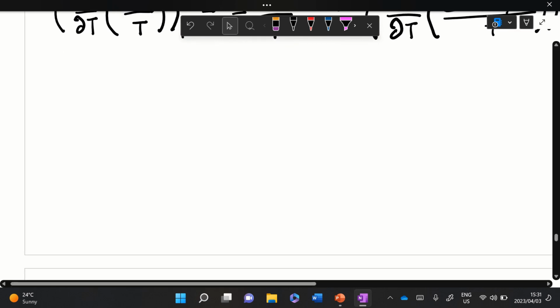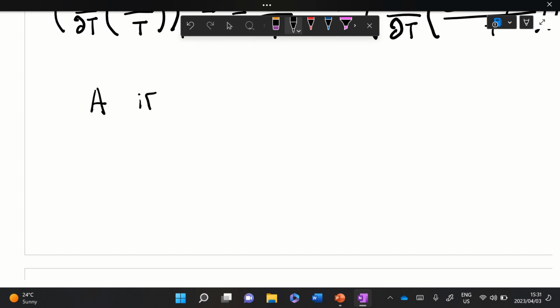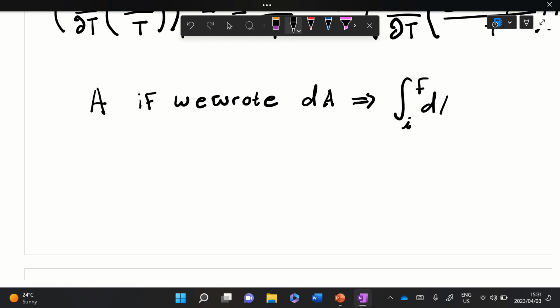Just to explain what that basically means, let's say we had a parameter A. If we wrote dA, that means we could say between some initial and final state, the integral of dA would be equal to delta A, given that A is a state function.